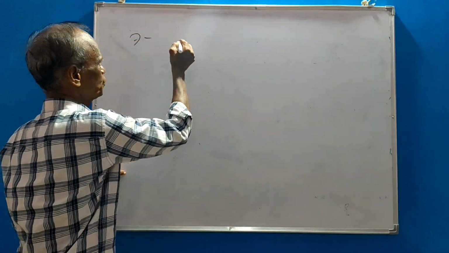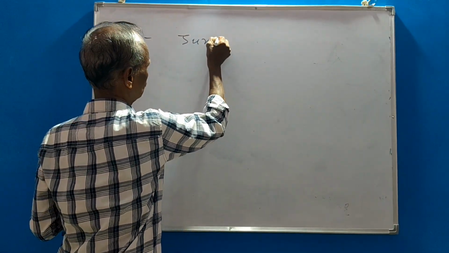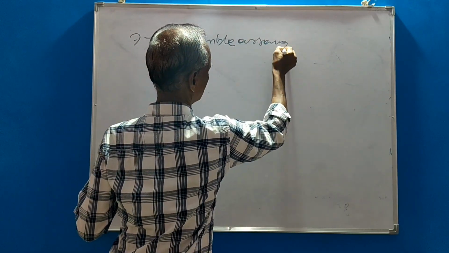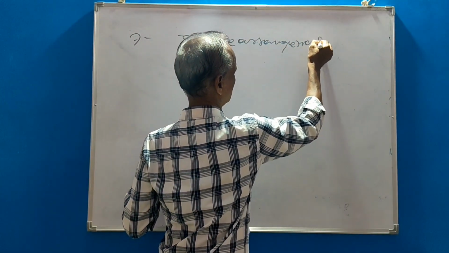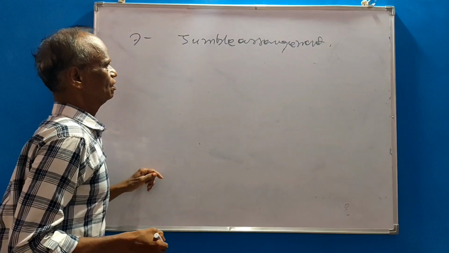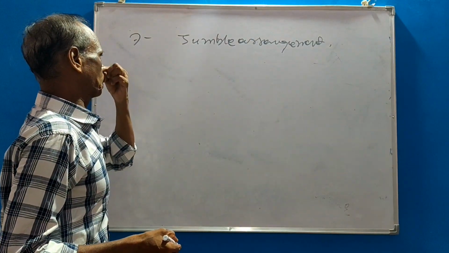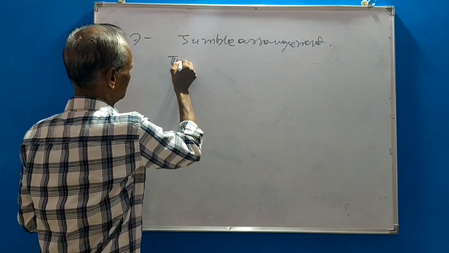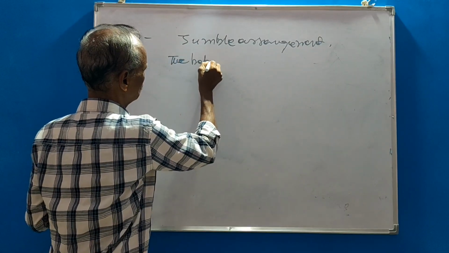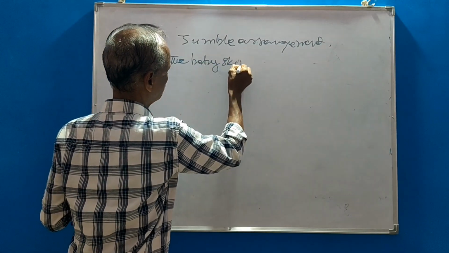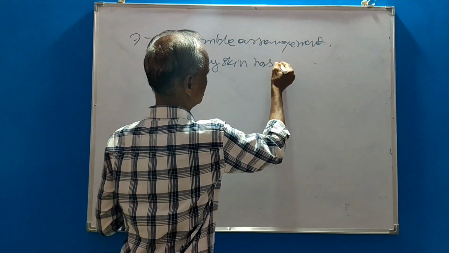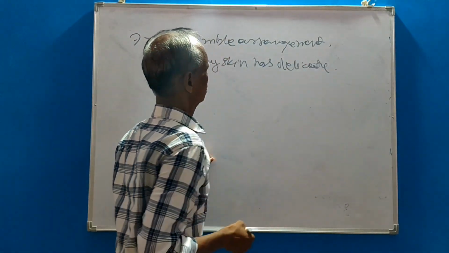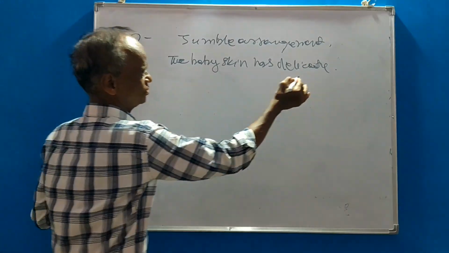Seven, jumble arrangement. Suppose "The baby skin has delicate." It is wrong.